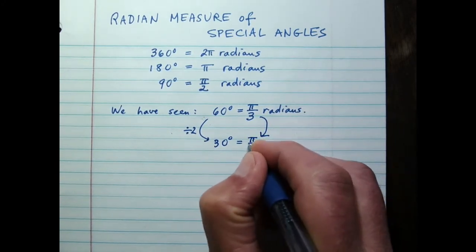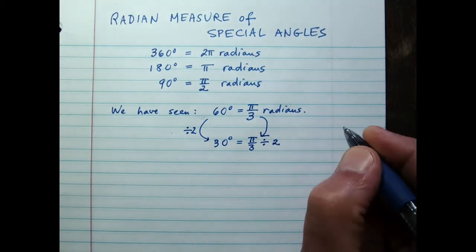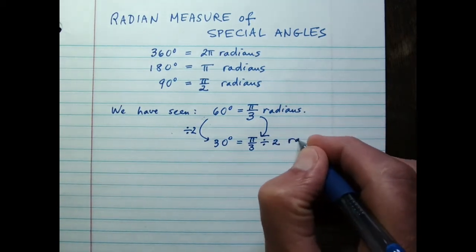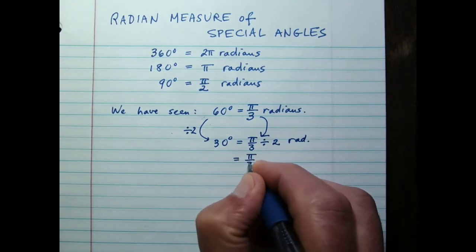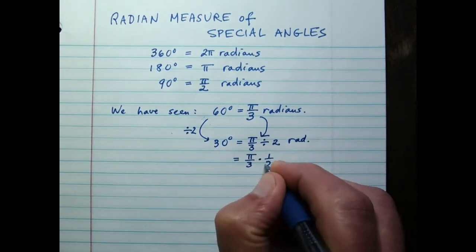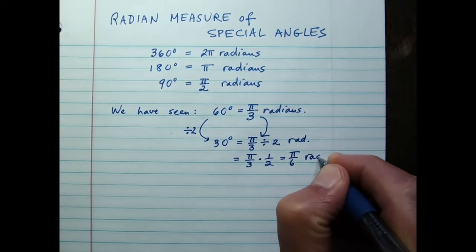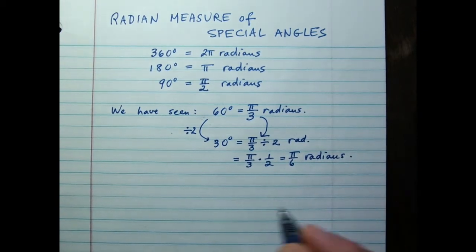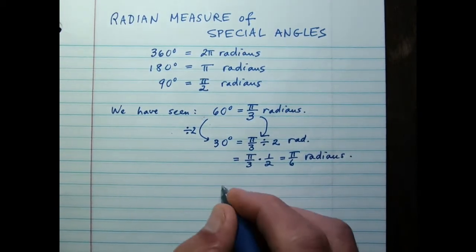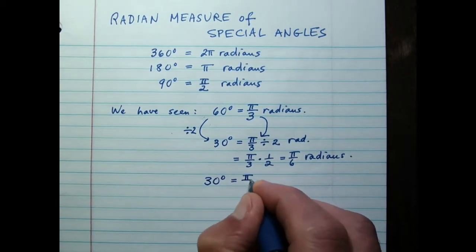If I take pi over 3 and divide by 2, I'm going to get the radian measure of 30 degrees. That's pi over 3 times a half, or pi over 6 radians. So that's one you want to memorize along the way.